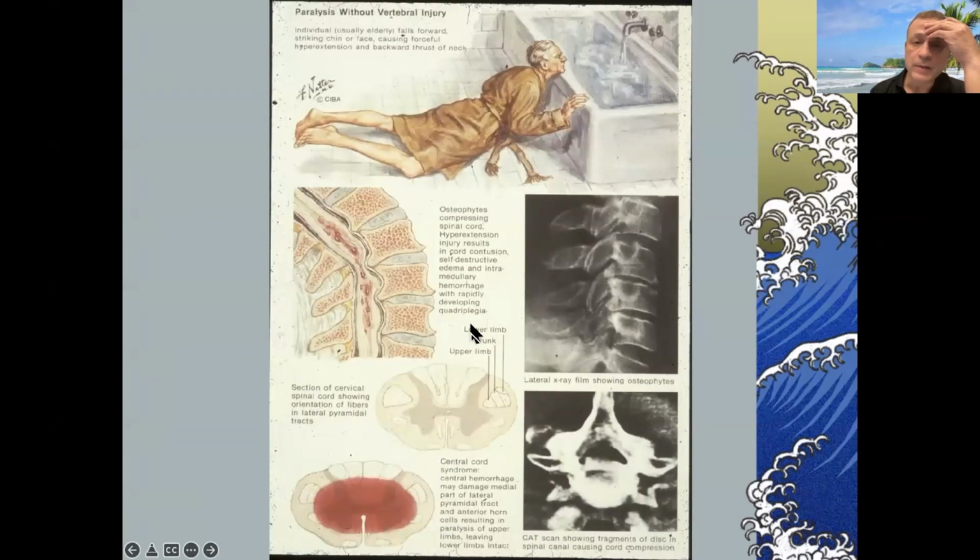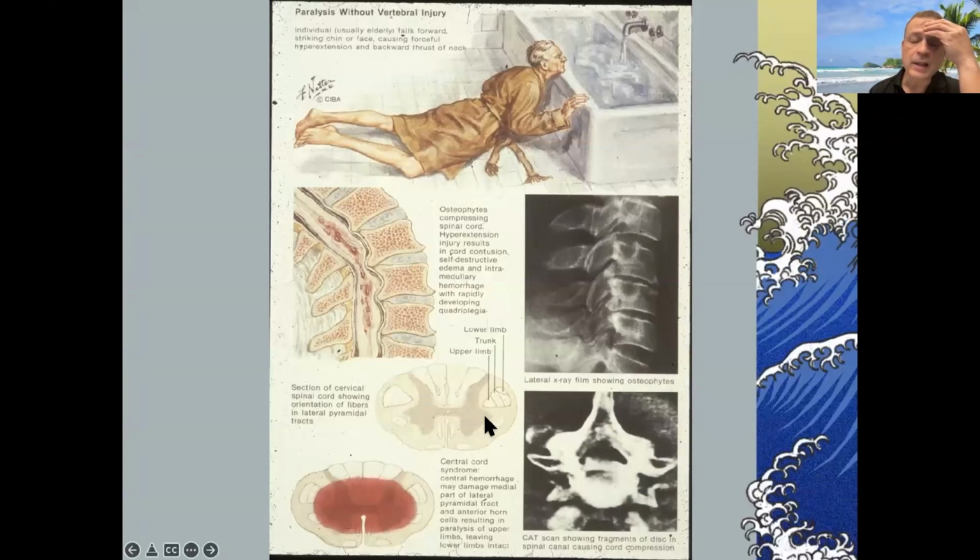So this picture is probably 65 years old. It was drawn by Netter, and almost everything in it is correct except for the bottom left figure. But again, older patient, hyperextension of the neck, inbuckling of the ligamentum flavum, compression of the cord, weak hands and strong legs.